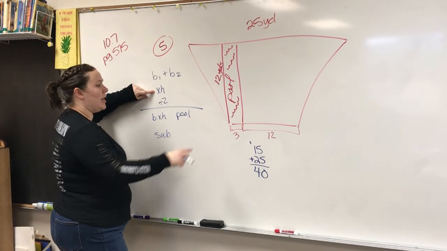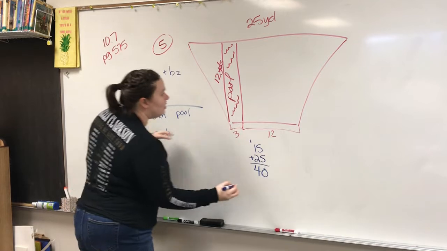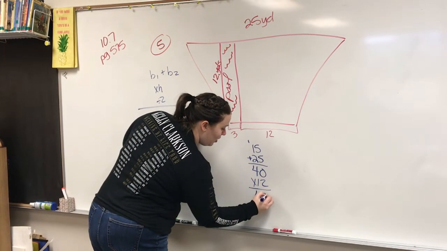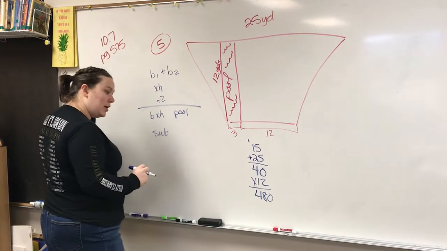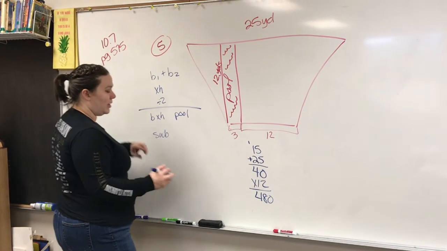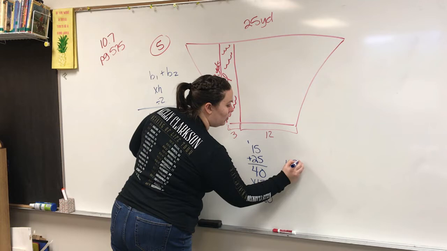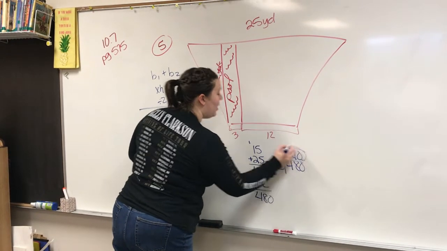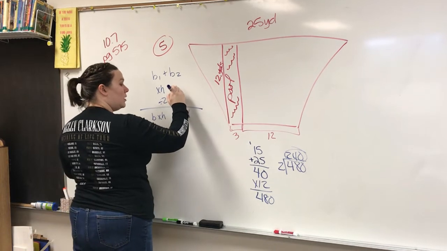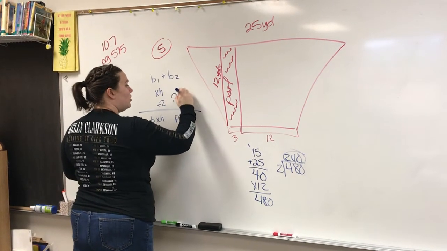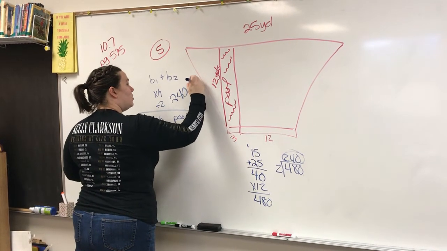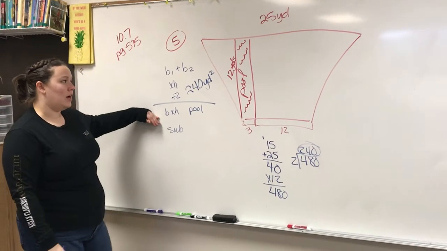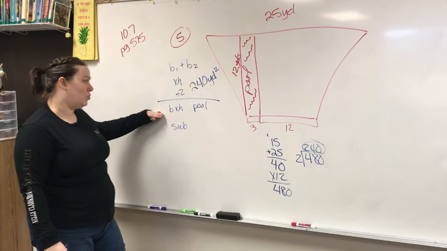Now we need to times it by our height. The height is 12. 48 with a 0 on it. Now I need to divide by 2. 480 divided by 2, 240. This is the area of the whole entire backyard, 240 yards squared.